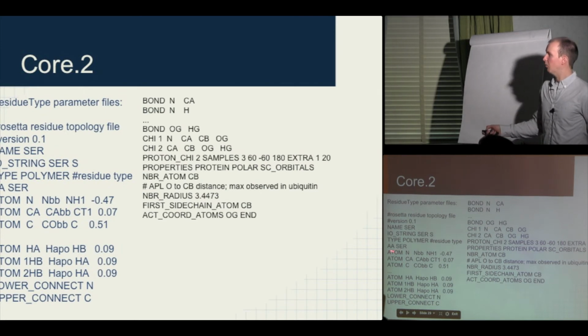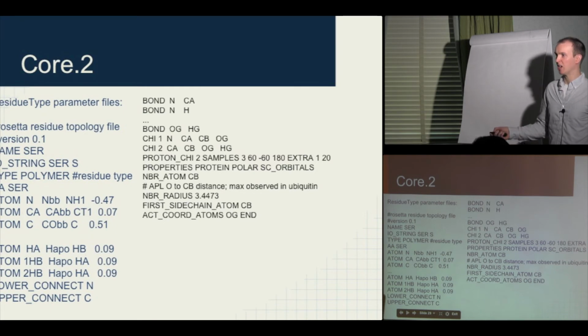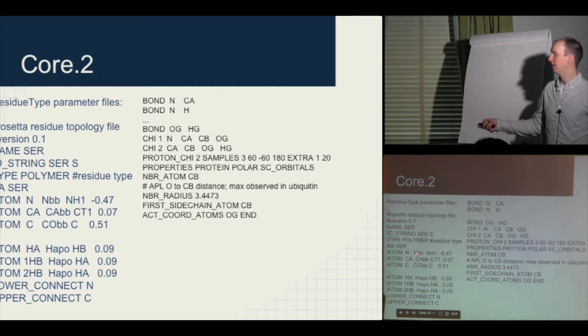And then once you've given some preliminary information, you can list all the atoms. You give the name, and this is a sort of column formatted thing so that you can identify it from the PDB. So there are 4 columns for the name, so it'd be like space, N, space, space. Then you give the atom type name, so this is the backbone nitrogen, or NBB.